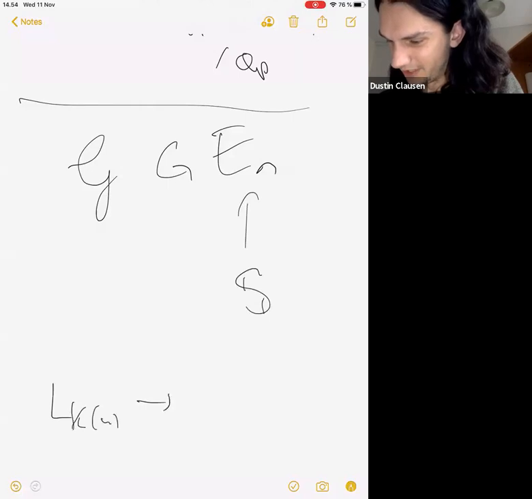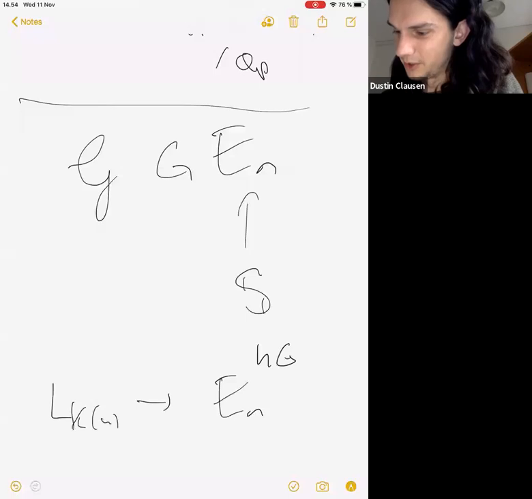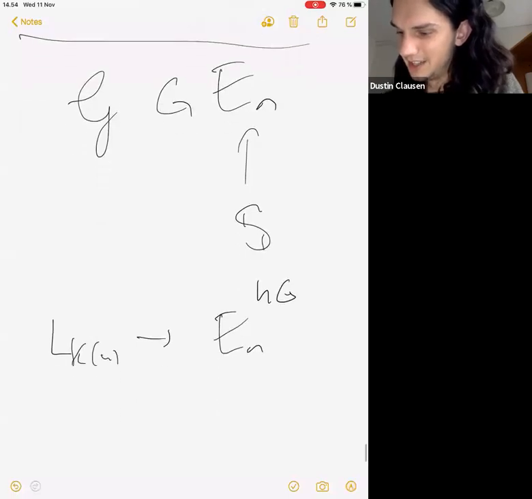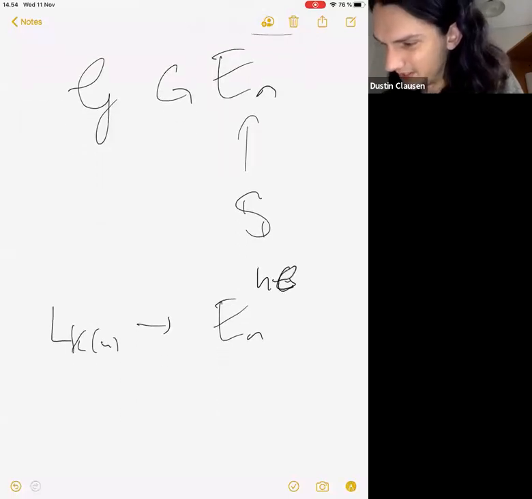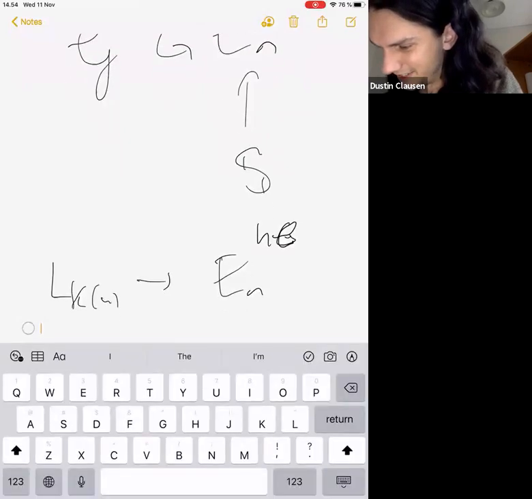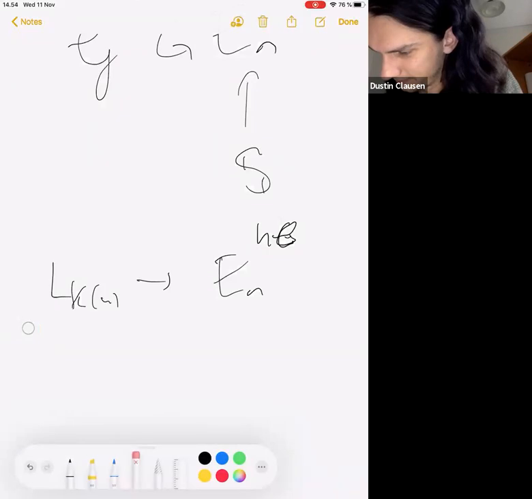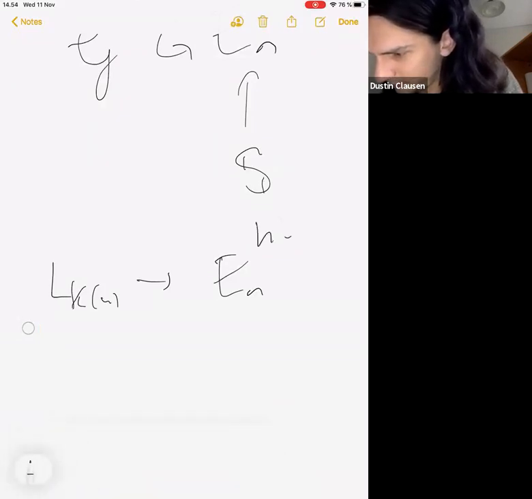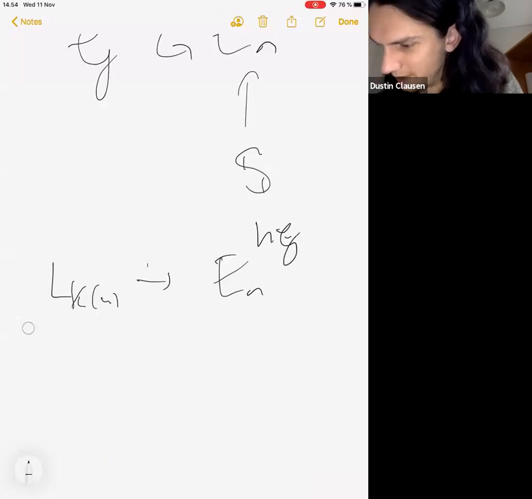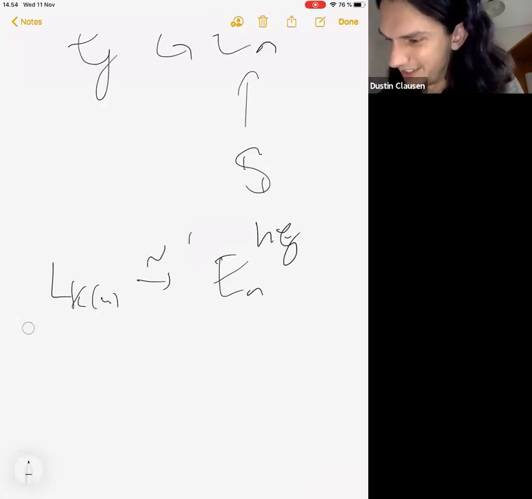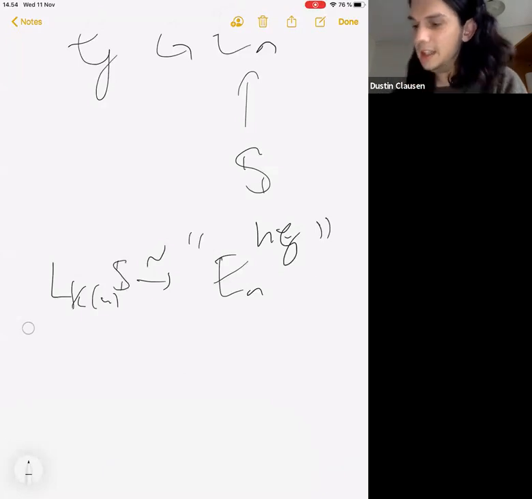So if we mod out by the automorphisms, or take the so-called homotopy fixed points, we get an induced map, and then this is an equivalence. And the sphere on the left is the L_{K(n)} sphere.